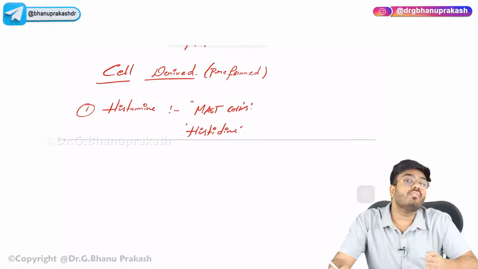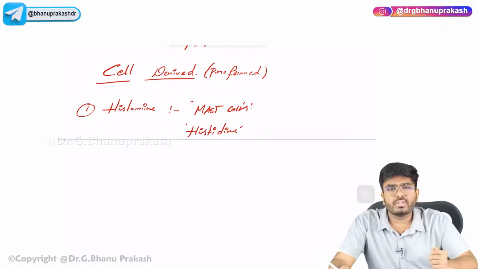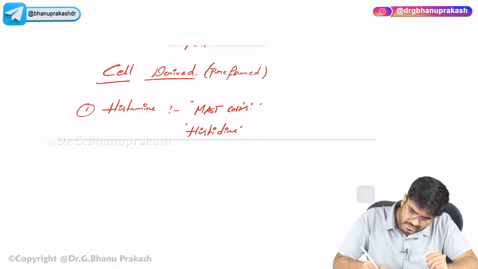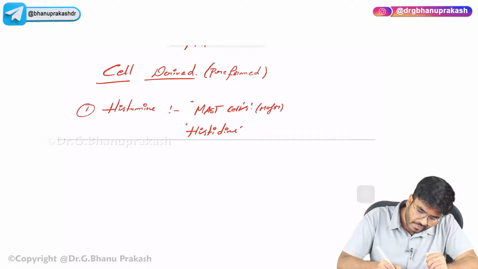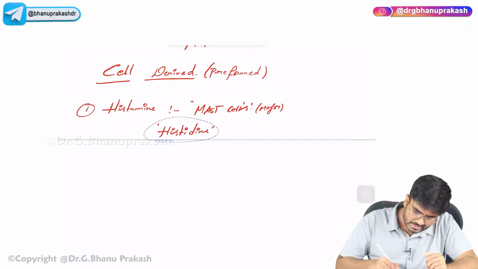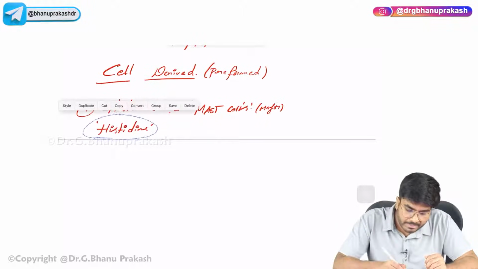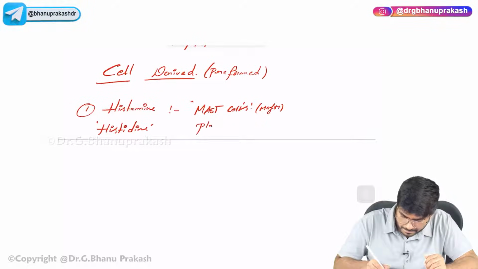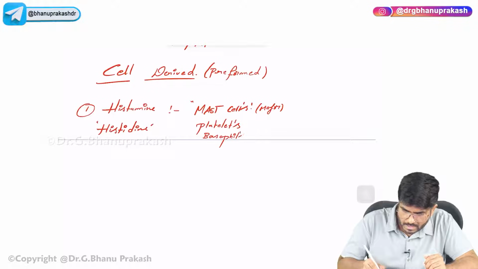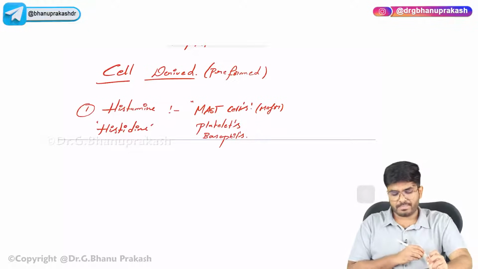Now, what are the functions? Before going to the functions, I want you to know that mast cells are the major source, but apart from the mast cells, there are other cells like platelets and basophils which can also release histamine.